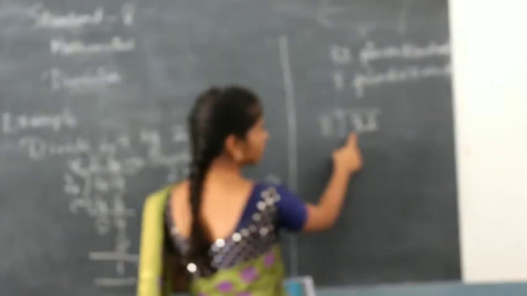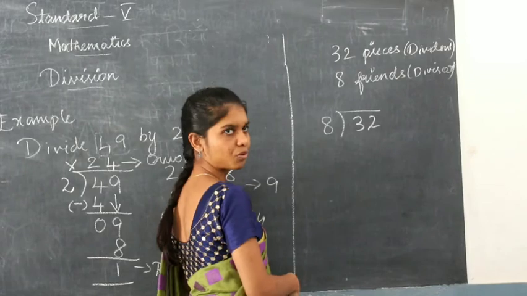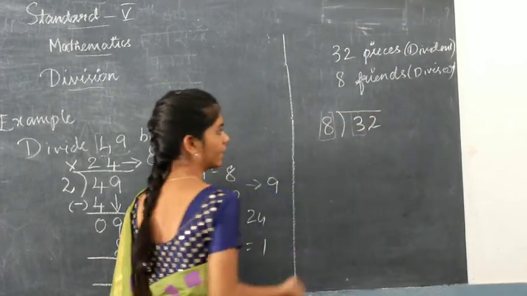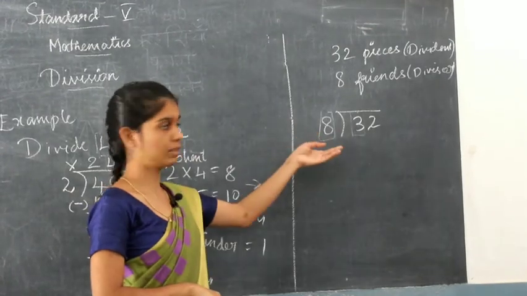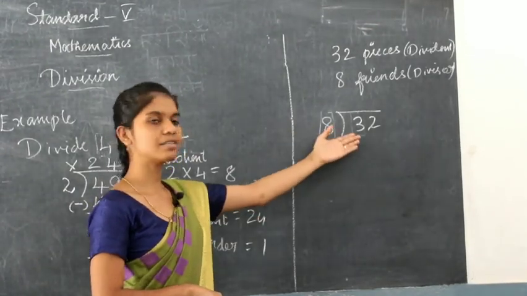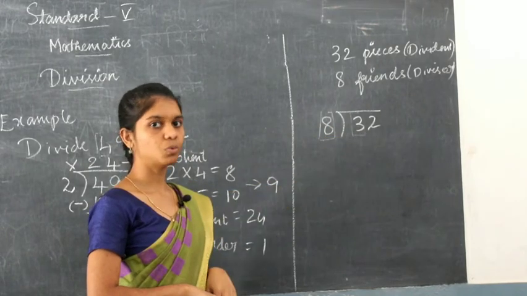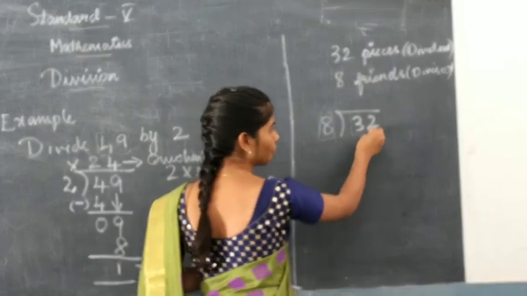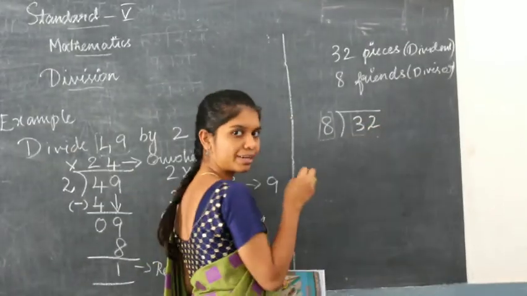Now look at the first number. You have 3 here and you have 8 here. Which is greater? 8 is greater. The divisor is greater. So you cannot tell the tables and subtract 3 from 8. So you will get help from the next number, which is 2. You will consider both, 32.